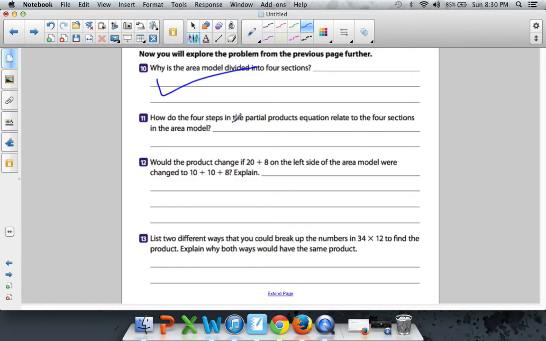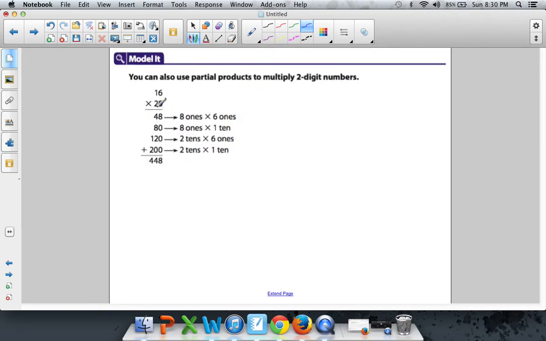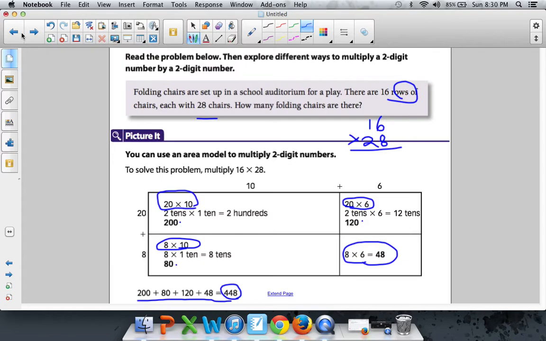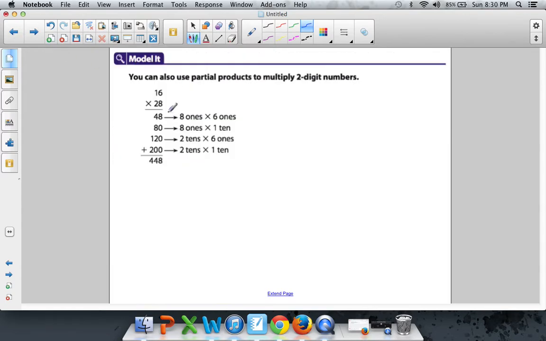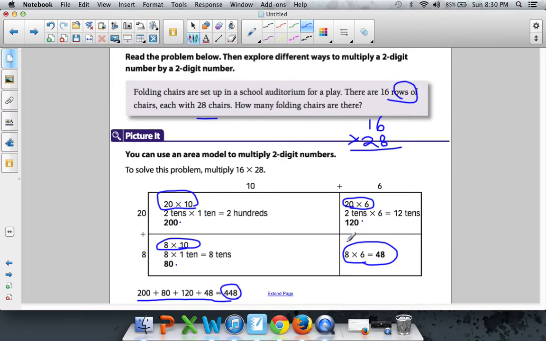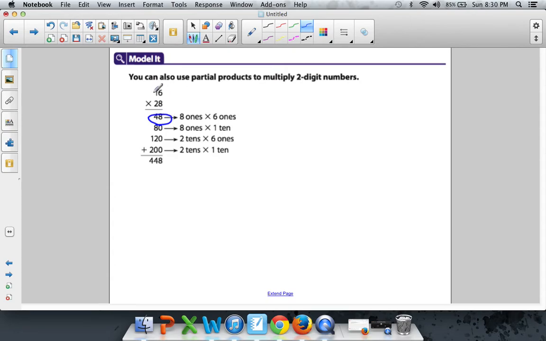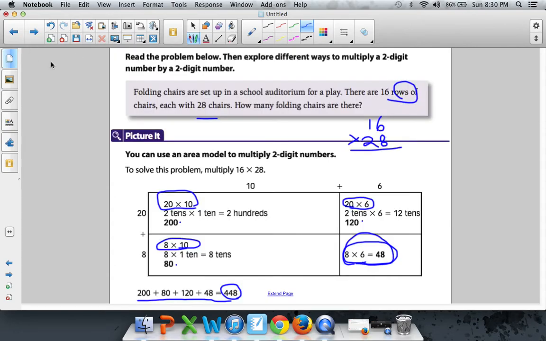How do the 4 steps in the partial products equation relate to the 4 sections in the area model? So how is this right here the same as this right here? I'll tell you. First they did 6 times 8, just like in this area model. Then they did 10 times 8, just like in the picture.